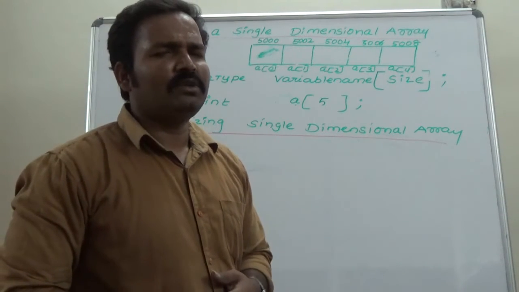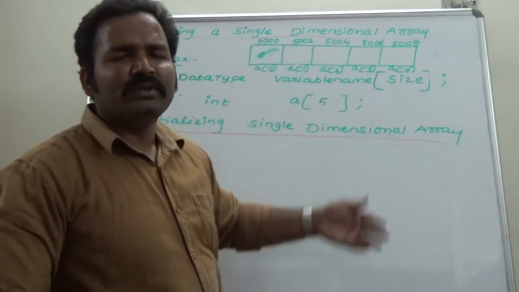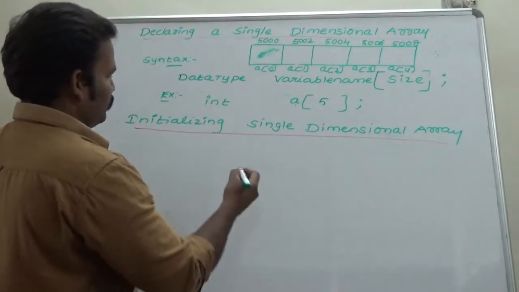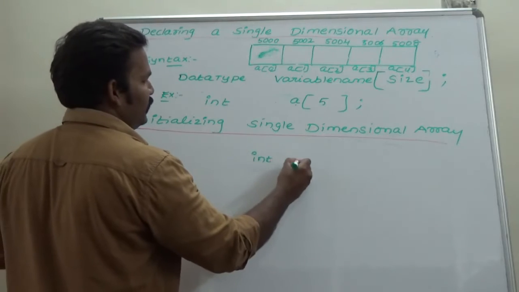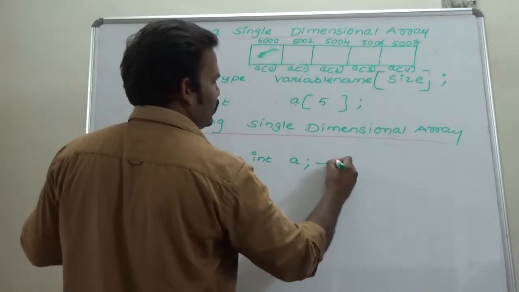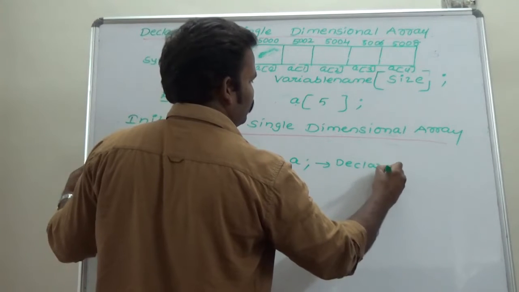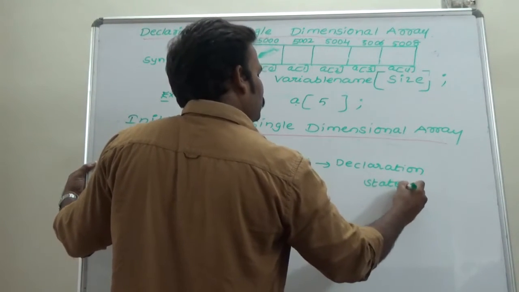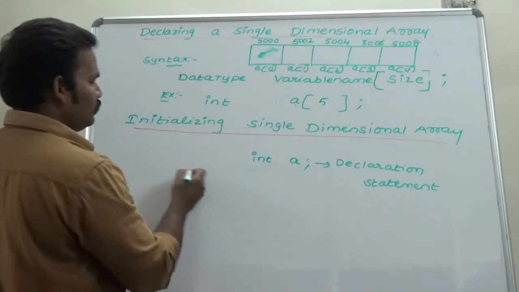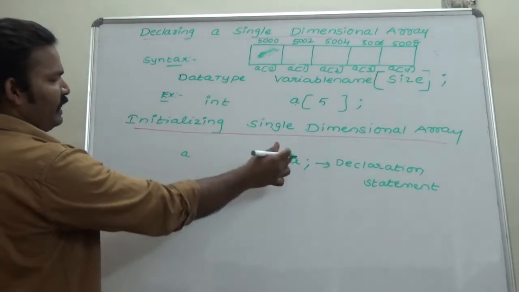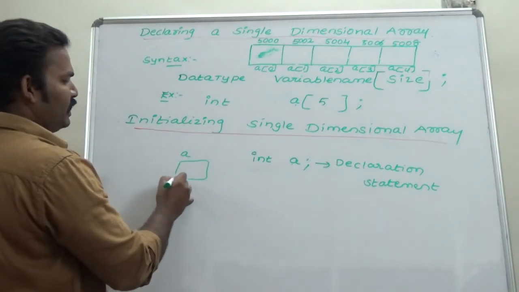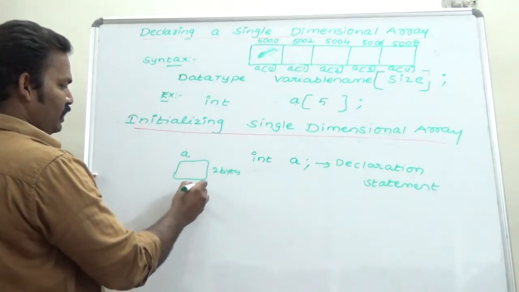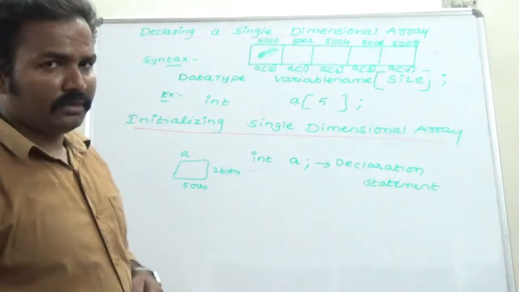Array initialization means we are giving elements to the array variable. Suppose int a. This is a declaration statement. When we declare a variable like this, the C compiler allocates 2 bytes memory for it, and an address is also allocated.